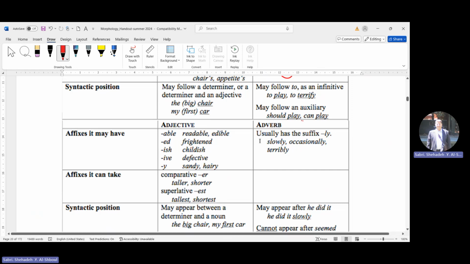While adverbs usually have the suffix ly, as in slowly, occasionally, terribly. When adjectives get inflected or derived, they fall within the comparative and the superlative patterns, which are er as in short, shorter, and est as in tall, tallest. While adverbs have nothing here.